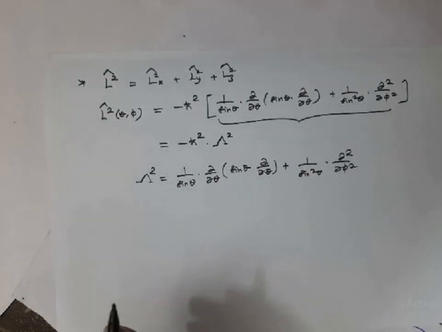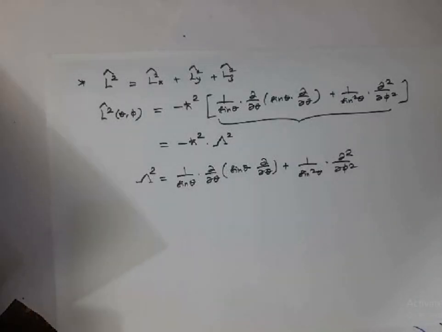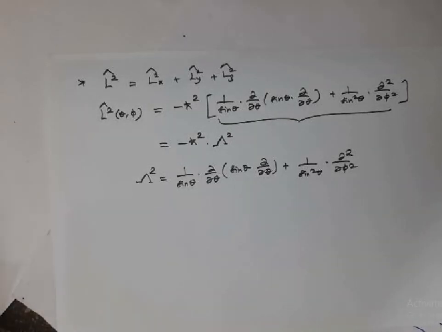This is also very important for solving the rigid rotor problem. If a rigid rotor rotates in three-dimensional space, in those cases this will be very useful. Keep all this information in mind.